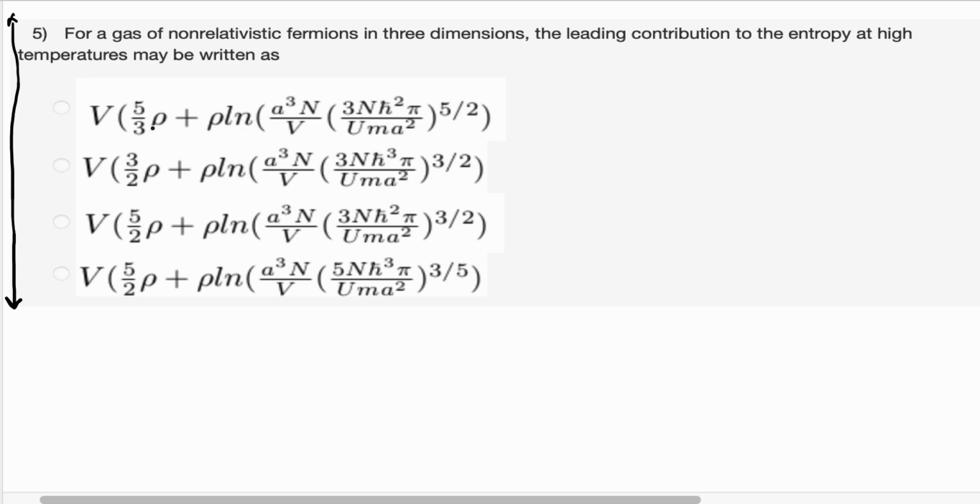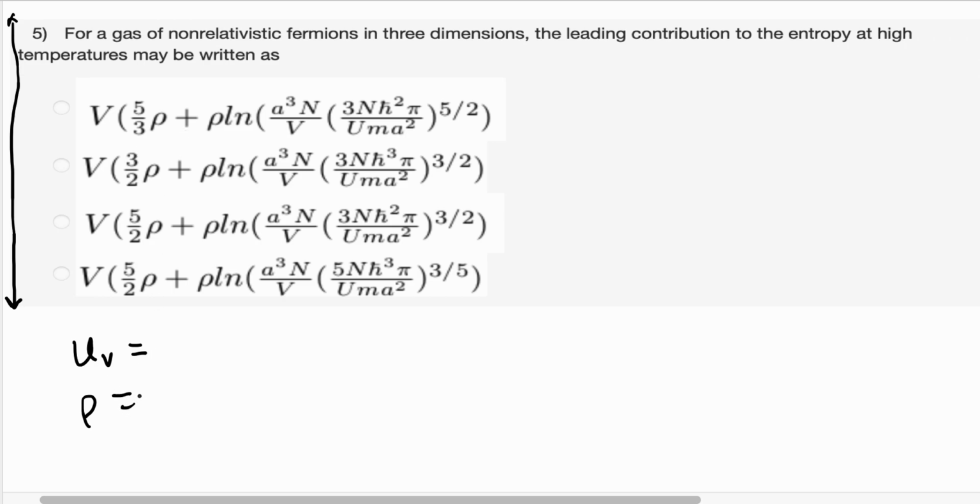So let's do it. As we wrote in the previous expression, we have to expand the internal energy per volume, so we have to calculate the value of UV, and we also need to calculate the particle density rho.